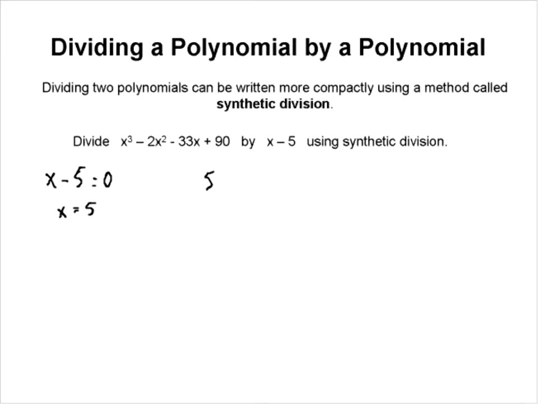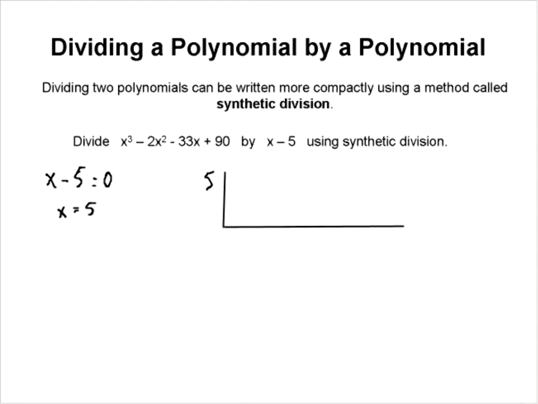Now I'm going to do what looks like a division sign, but it's going to be upside down. So you have to kind of stand on your head and blur your eyes and imagine that's an upside down division. Now we're only concerned about the coefficients, the numbers in front of each of these variables. We're not concerned about the variables themselves.